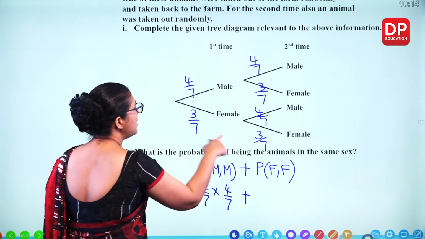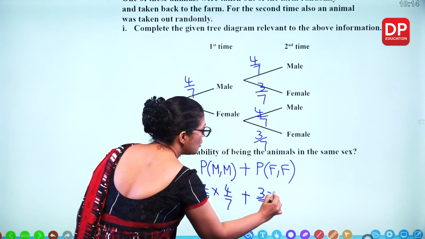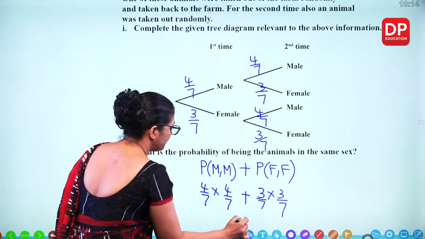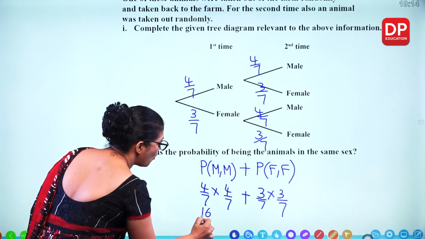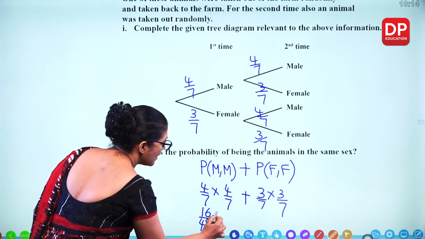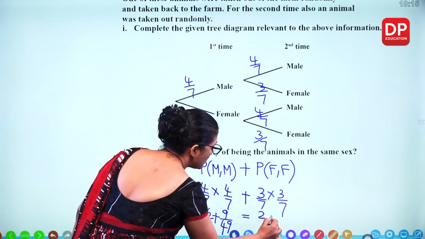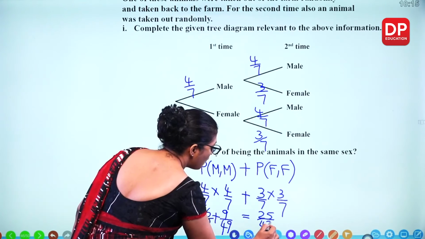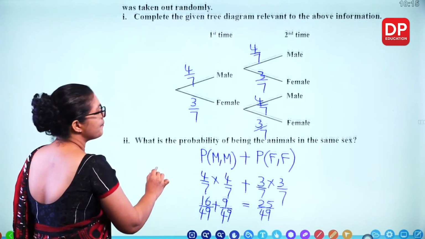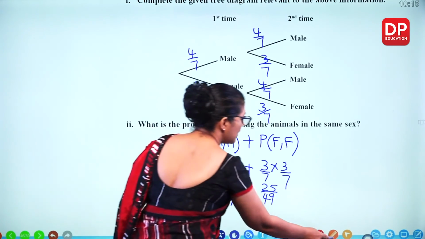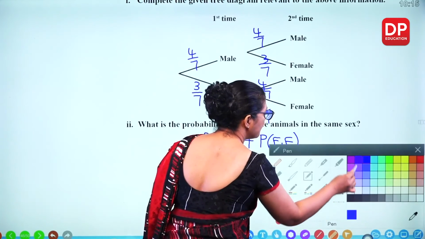Female and a female, 3/7 into 3/7. So you get 16/49, 9/49. When you add it, you get 25/49. So that's the final probability.